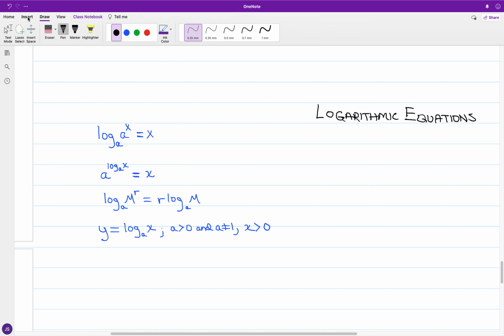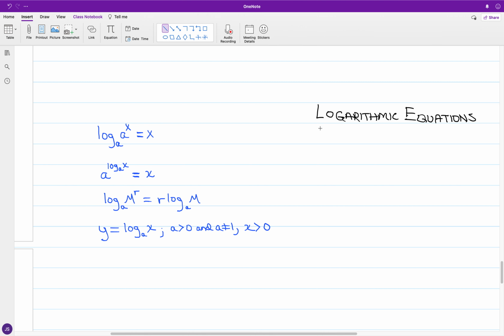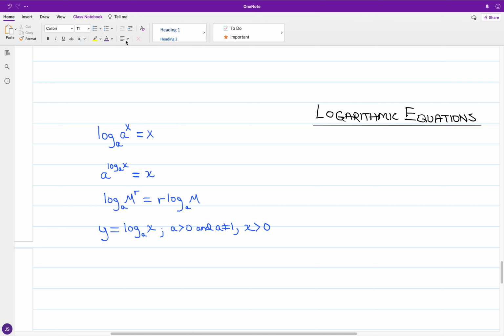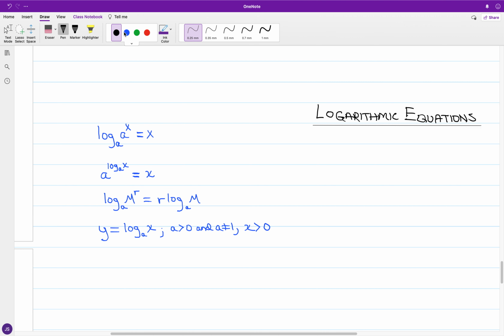In the case of logarithmic equations, let's start off by solving for x where we have a couple of logarithmic expressions with the same base.